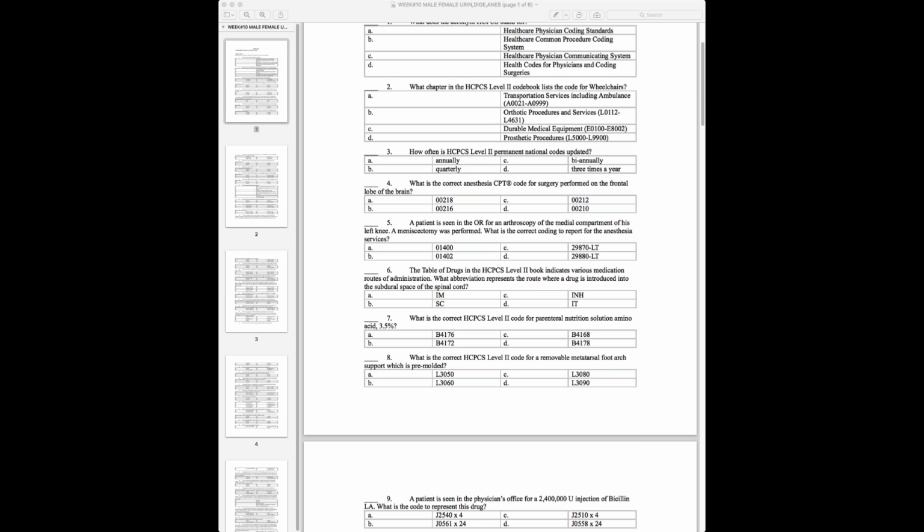Number 21. Okay, let's see what's going on with 21. What CPT code or codes, right? Because you have the S in parentheses, they're saying it could be one, it could be more than one answer. What CPT is reported when a physician makes two separate incisions?